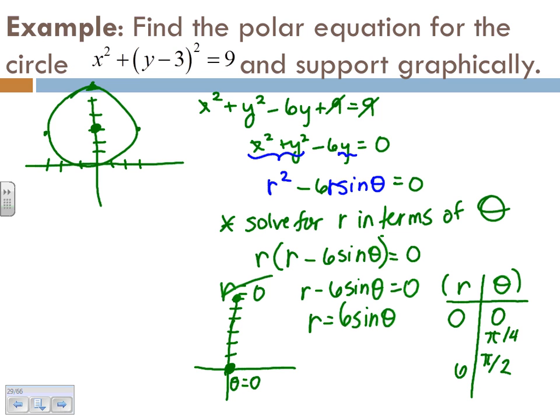So let's go ahead and look at pi over 4. What would pi over 4 give me? 3 radical 2. Radical 2s are actually really good in this case when you have pi over 4 intervals, because think about this length right here. If this is 1 and this is 1, what's that length right there?